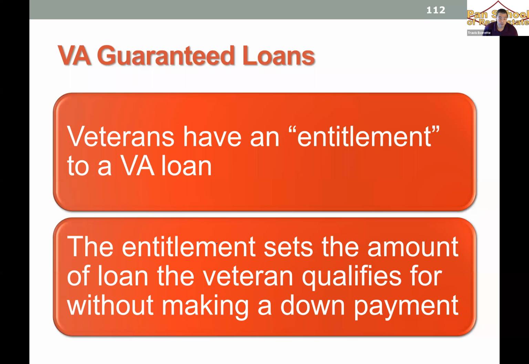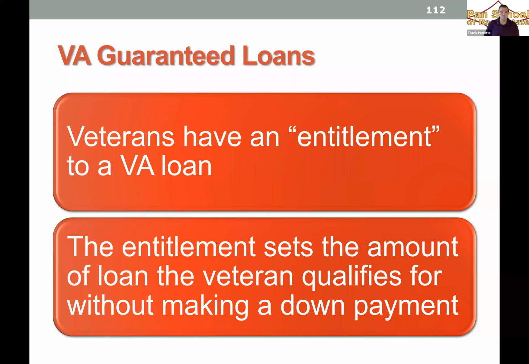Like we have veterans in this class, and when they were separated from service, when they were honorably discharged, somewhere in their discharge paperwork, they have their entitlement amount to a VA loan, and it will be a dollar amount. And the best way to think of this is, you don't have to use all of it, but you can. You just can't use more than your entitlement.